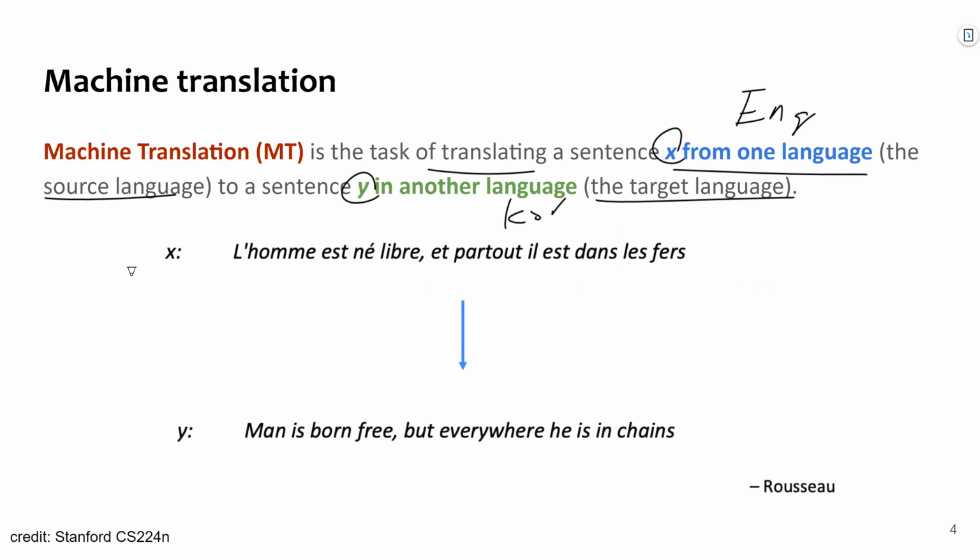In this example, the source language is French. And the target language is English. In this way, we want to translate one language into another. And we want our machines to perform this. And when it happens, we call this task machine translation.